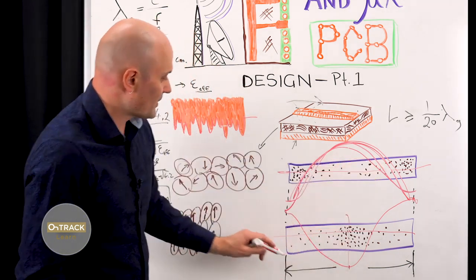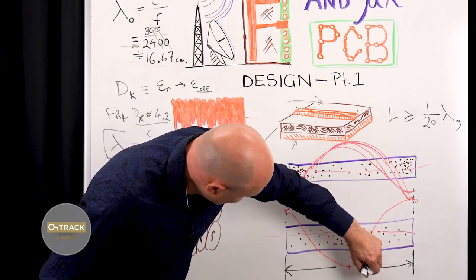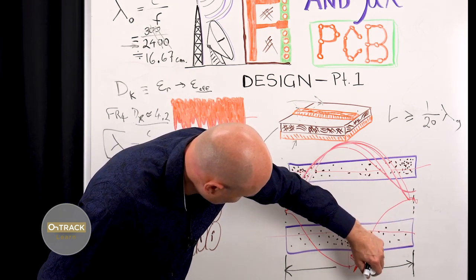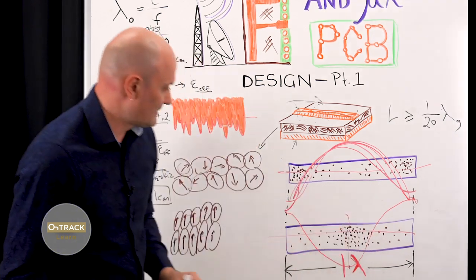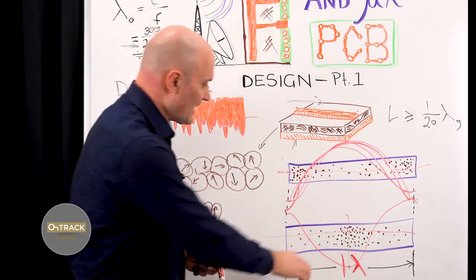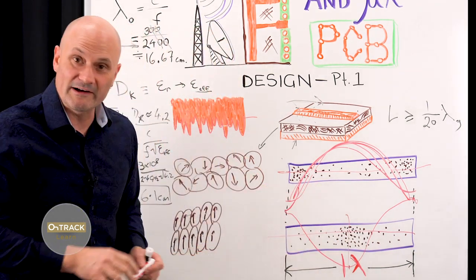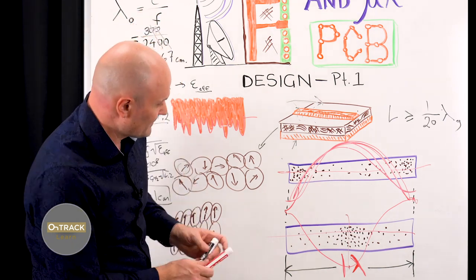This is one full wavelength on that piece of conductor. And when we start vibrating this around and around, this gives rise to propagation.